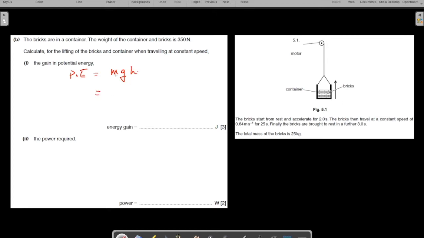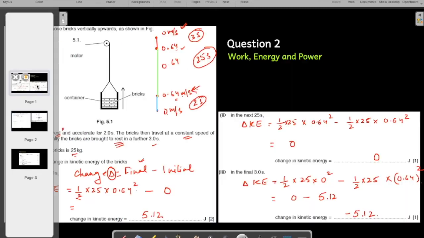Is m given to you? Only the mass of the brick is given to you. They are telling you to find the gain in the potential energy for the brick and the container. So please do not get confused. The mass given to you is just 25 kgs for the brick. This picture that you see here, I have taken forward from the first part of the question.